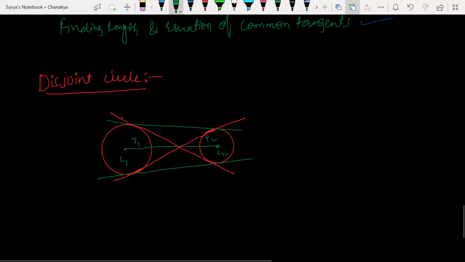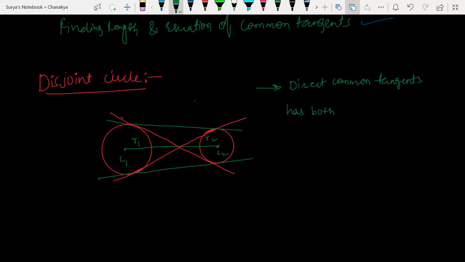You write here, everyone. Direct common tangents has both circles on same sides.